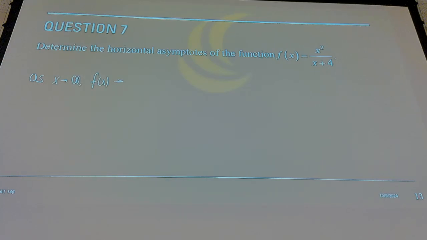So if we let x get very large, so x tends towards infinity, f of x, how's it going to behave? Well, the numerator will still behave like x squared, right? The denominator, well, take an extremely large number, add 4, it's the same argument. It's going to wind up just behaving like x.